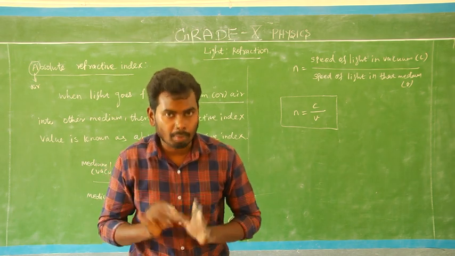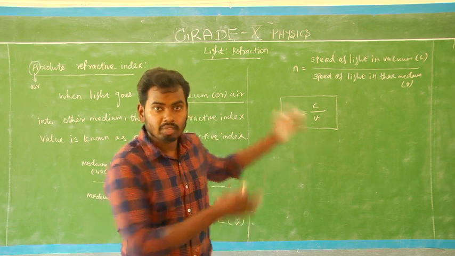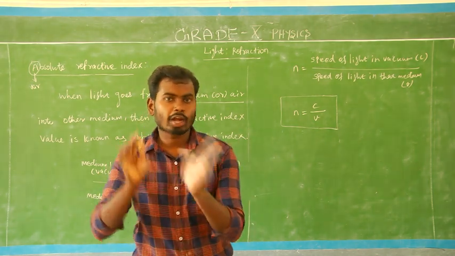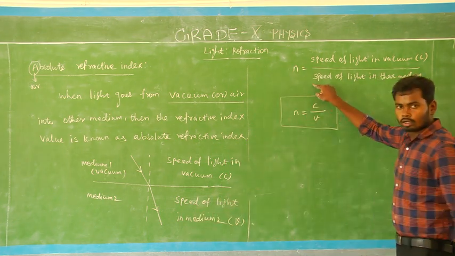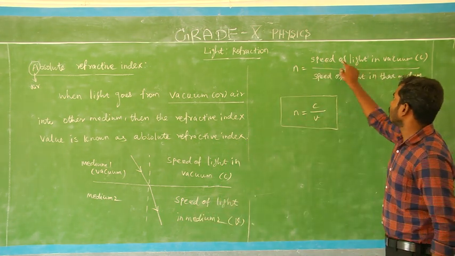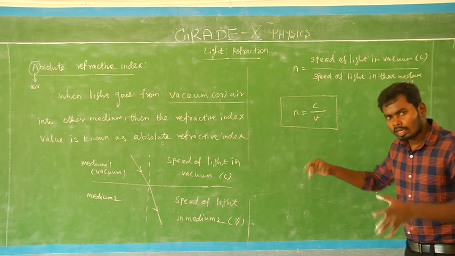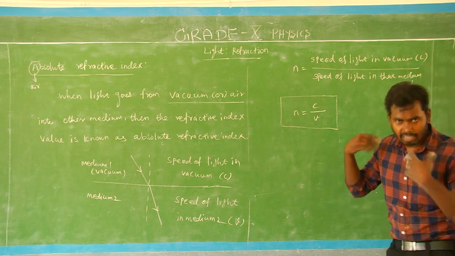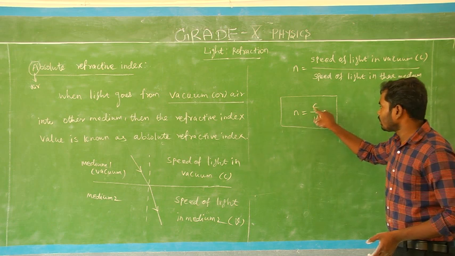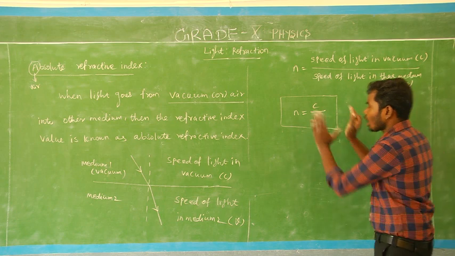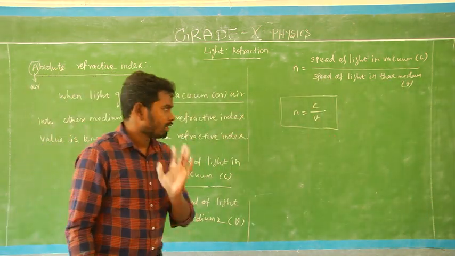Very important formula. Most of the numericals will be asked from this portion only, absolute refractive index. So the absolute refractive index is equal to the ratio of the speed of light in vacuum to the speed of light in any medium. So n is equal to C by V. Okay, very simple.